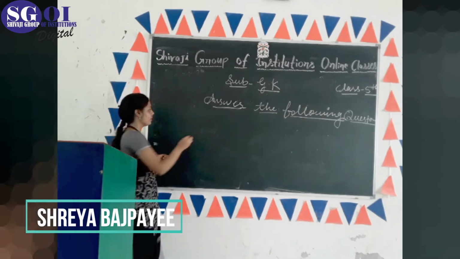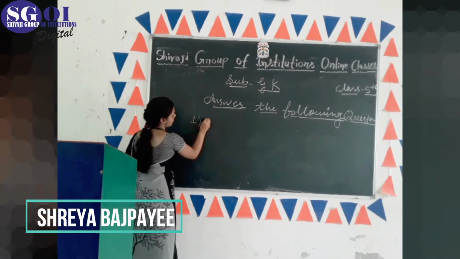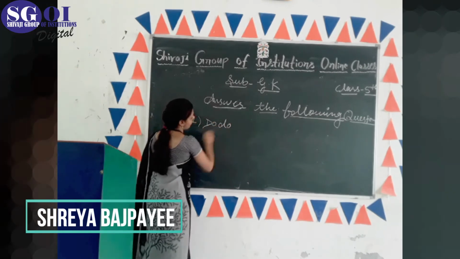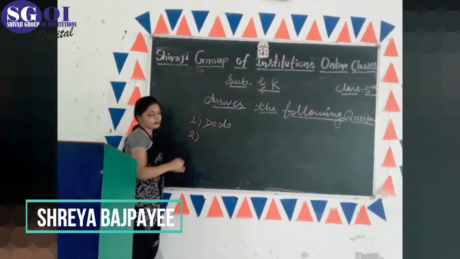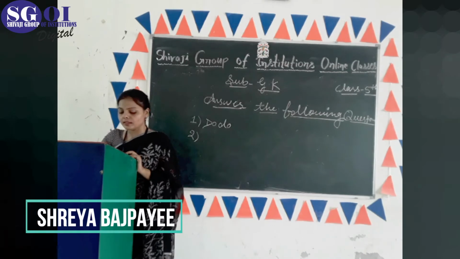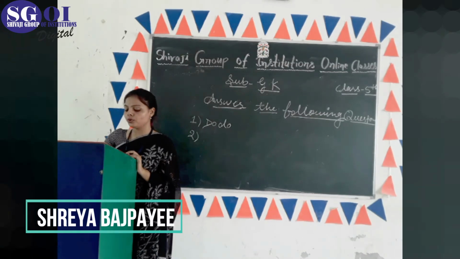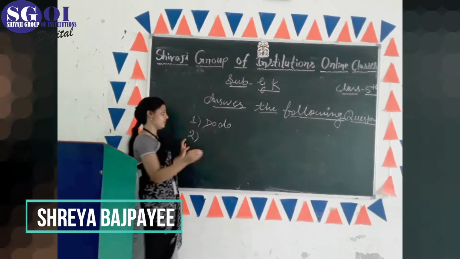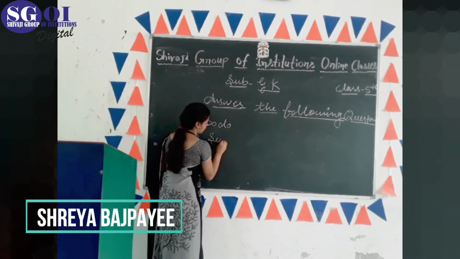The answer is here: dodo. Okay. Now second question is this: this is the national flower of Ukraine. The answer is here: sunflower.